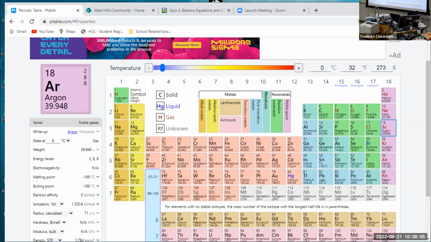A negative ion is called an anion, an ion. That's a negative ion. So a positive ion is called a cation, and a negative ion, an anion.